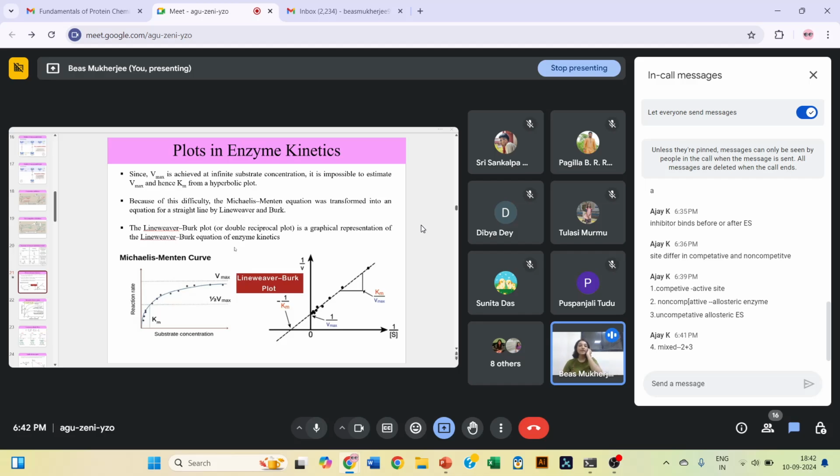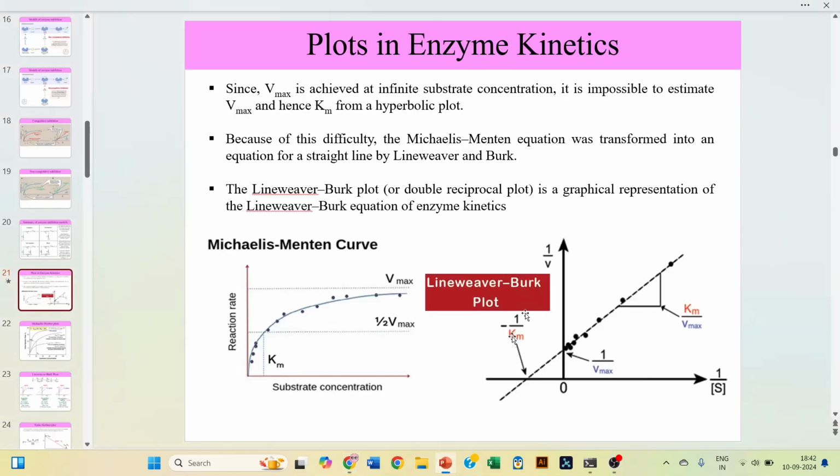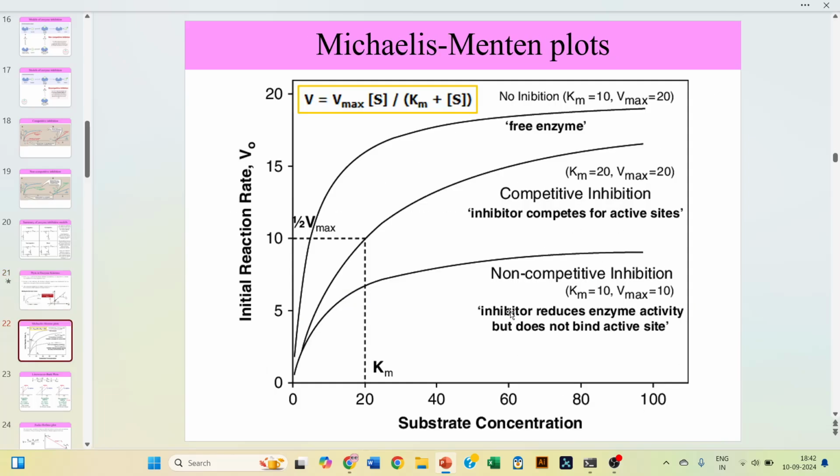Okay, and we get the exact coordinate, that is 1 by Vmax, and exact coordinate minus 1 by Km. So this is the Lineweaver-Burk plot.